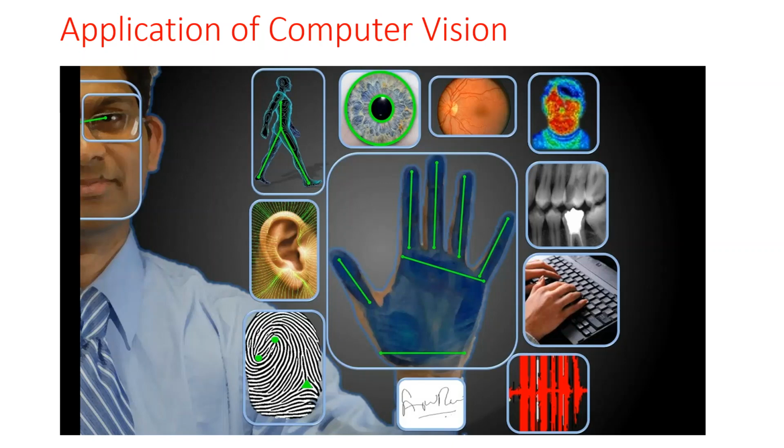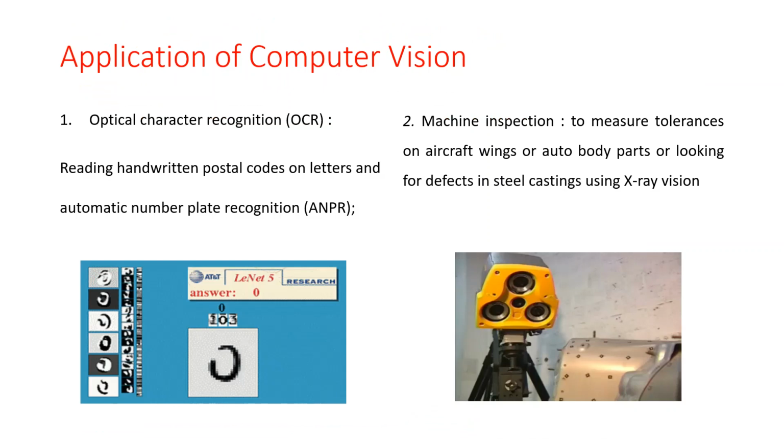There are different real-time applications of computer vision, like optical character recognition, machine inspection, retail, automotive safety, medical imaging, motion capture, surveillance, fingerprint recognition or biometrics, stitching and so on. So let us discuss them one by one.